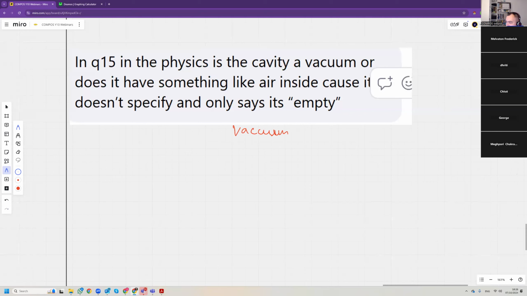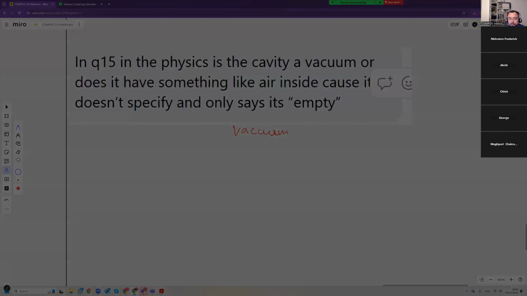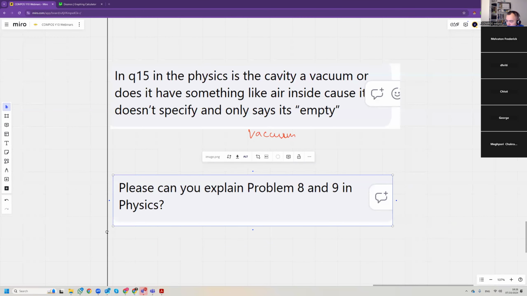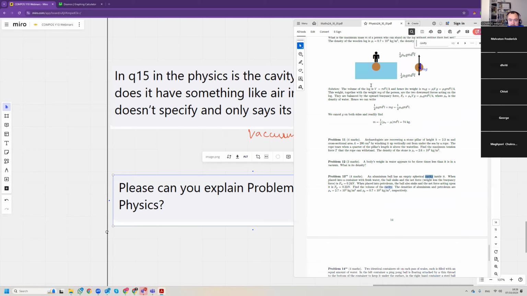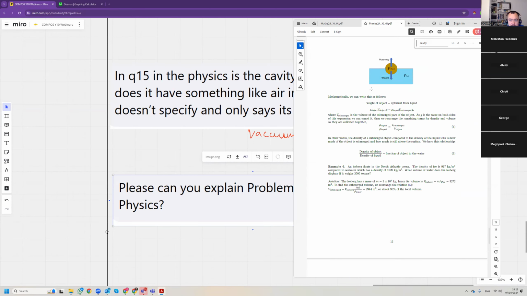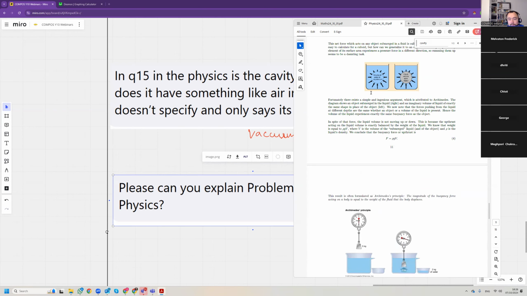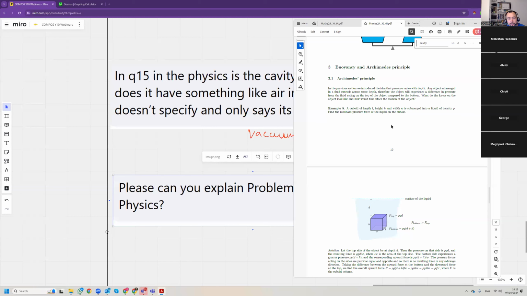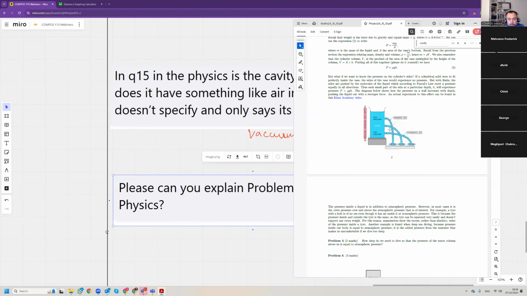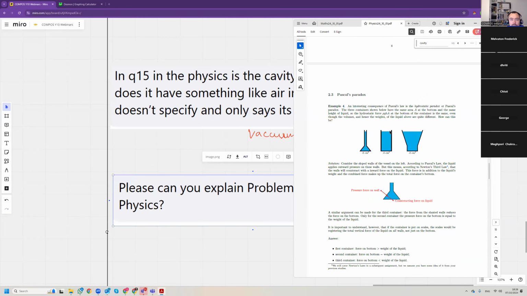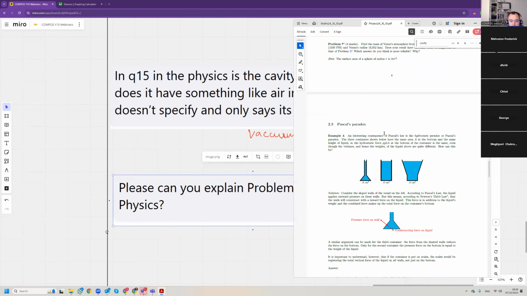Please explain problem 8 and 9 in physics. Okay. 8 and 9. Where's 8?